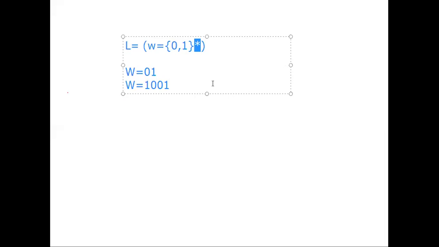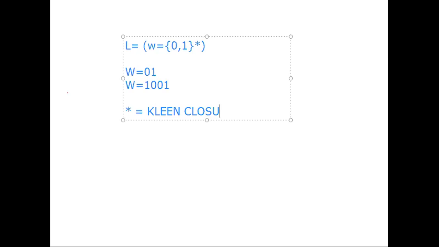Now in technical terms, in TOC, this star we call the Kleene closure. Remember this word, because when we are solving problems it will be easier to understand. So star is nothing but the Kleene closure. Star means any alphabet, any number of alphabets.